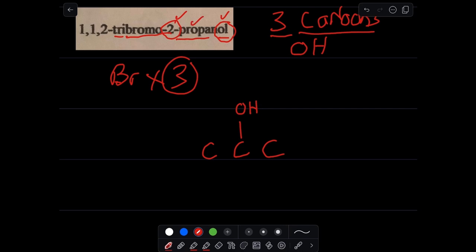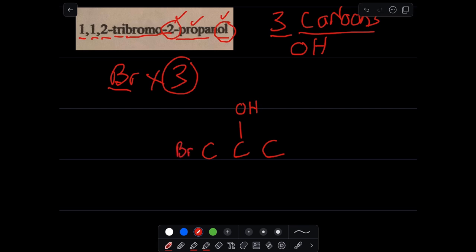So let's work with these bromide groups here. From this we have 1, 1, 2. That means we have 2 bromo groups on the 1st carbon. And I'll just draw it like this to keep from confusing anyone.